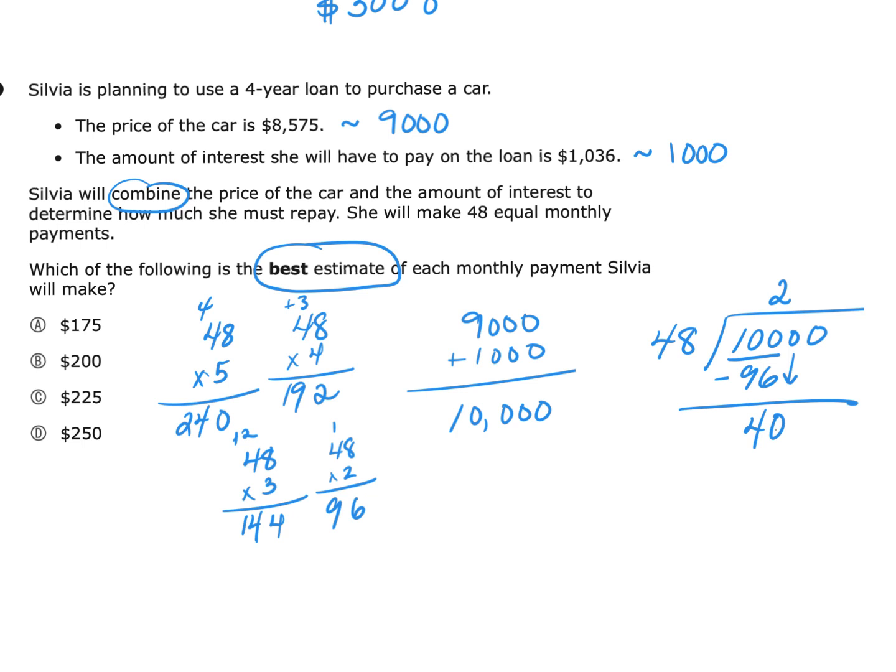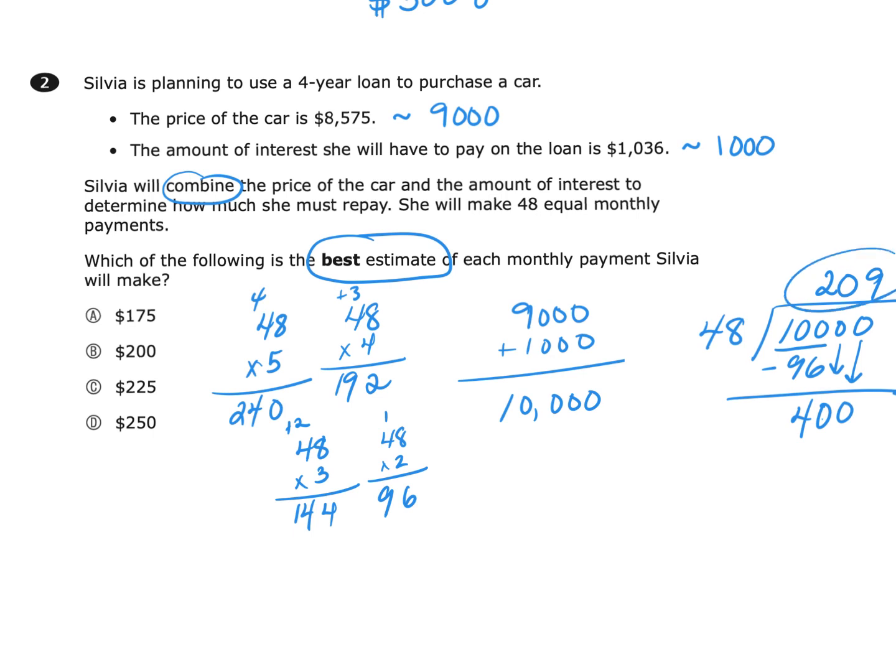Obviously, 48 can't go into 40, so I'm going to put a 0 there. Bring down another 0. Now I'm looking at 400. We said 48 times 5 is 240, so it's obviously a higher number. Even if it was 9, it's not going to be above 9. We're still looking at approximately $200 per month.